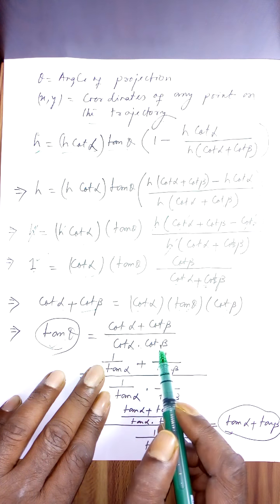Let us convert this as well as this in terms of tangent. Since cot theta is equal to 1 over tan theta, this cot alpha becomes 1 by tan alpha, cot beta becomes 1 by tan beta. This division line is the same thing as this. Cot alpha is 1 over tan alpha, cot beta is 1 over tan beta.